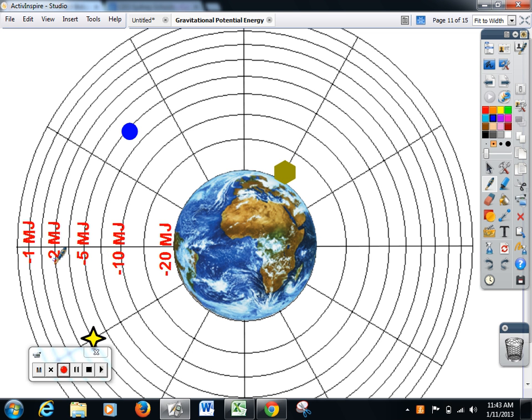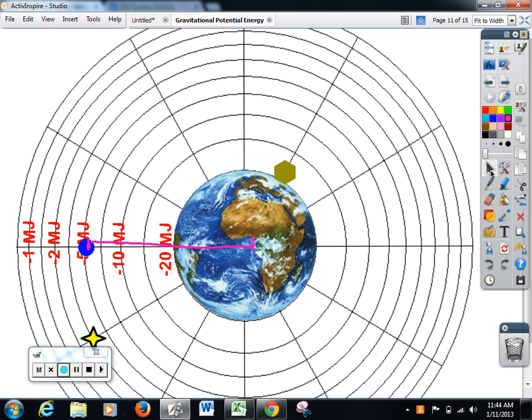So if an object is here, because of its position, it's -5 megajoules. Because of the distance that it is away from the centre, there's the radius. So that radius and the mass of that blue dot and the mass of the Earth and doing all the calculation gives you -5 megajoules. Are you okay with that?